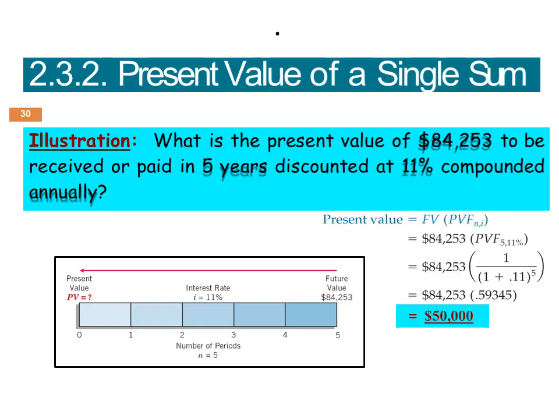Look, illustration. What is the present value of 84,250 to be received or paid in 5 years, discounted at 11% compounded annually? Then present value equals future value times the present value factor, that is 1 over 1 plus r to the power of n.